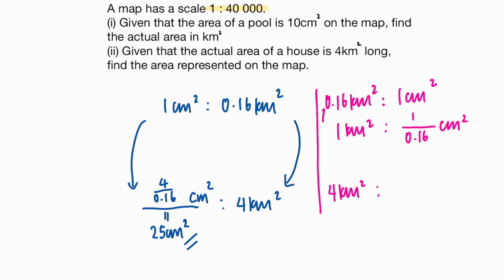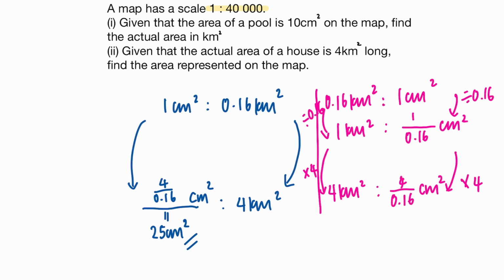From here to here, we divide by 0.16, and from here, we divide by 0.16. Then we times here by 4, and we times here by 4. So it's also 4 divided by 0.16 cm square, which also gives us 25 cm square. So this is how you find area using map scale.